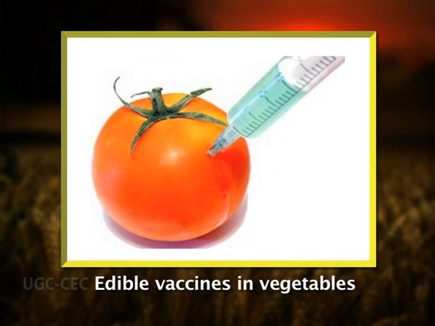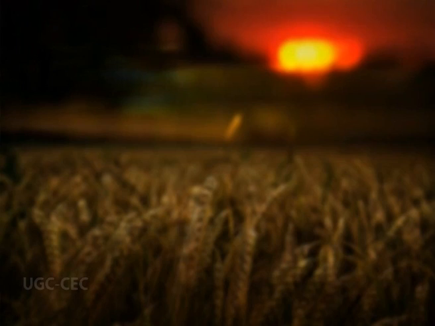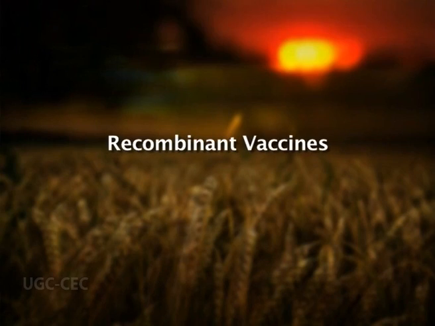In the conventional approach, the inactivated form of a pathogen is used as a vaccine. In the case of many pathogens, the gene encoding a critical antigen has been isolated and expressed in bacteria or animals, and the recombinant protein so produced is used as a vaccine. Such vaccines are called recombinant vaccines.